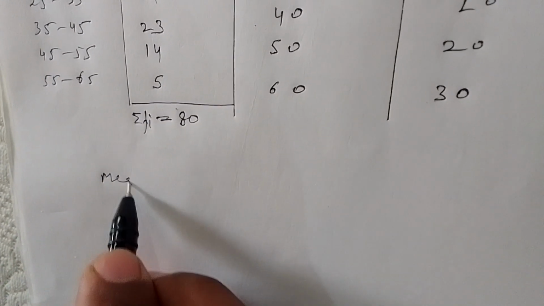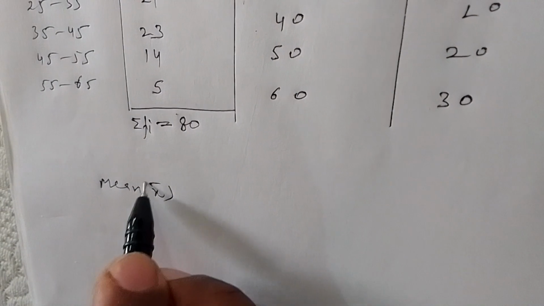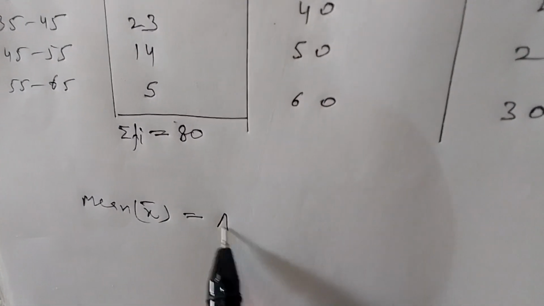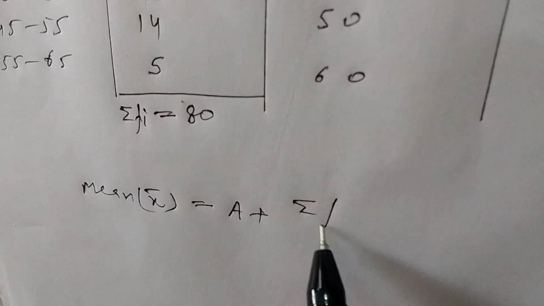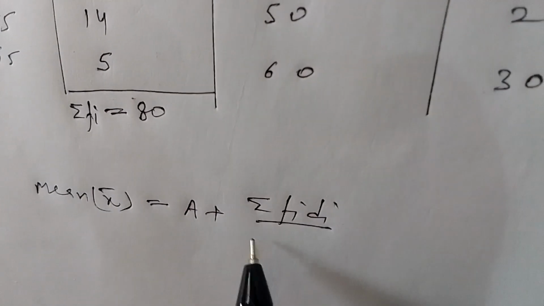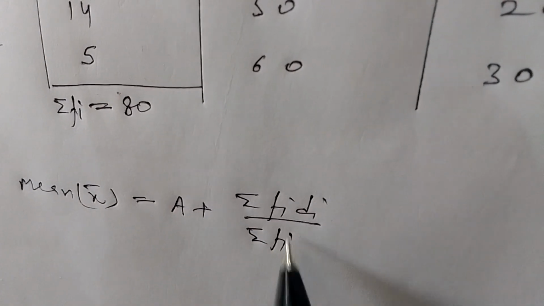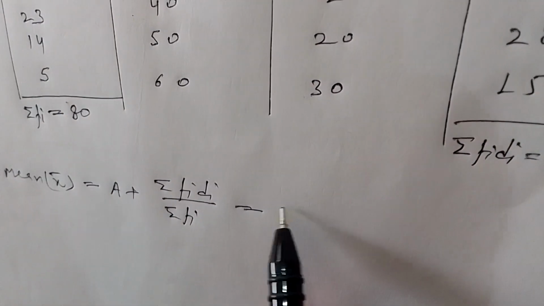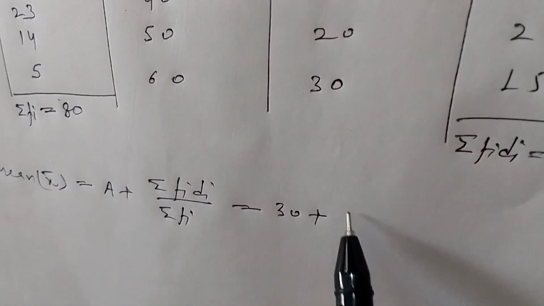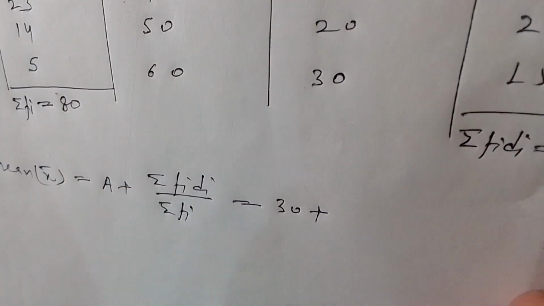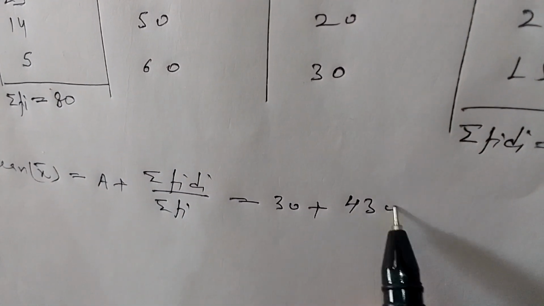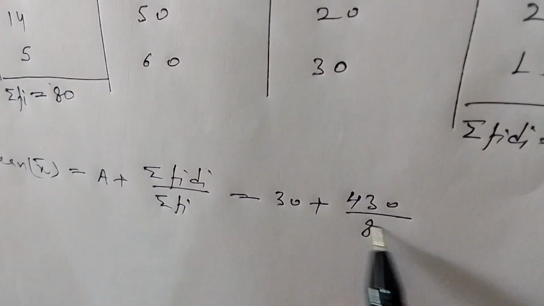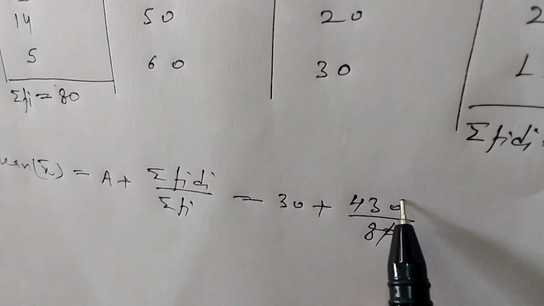So from this we will calculate the mean: x bar is equal to assumed mean plus summation Fi di divided by summation Fi. By inserting the values, we have taken the assumed mean 30 plus summation Fi di 430 divided by summation Fi 80, cancelling 0 with 0.